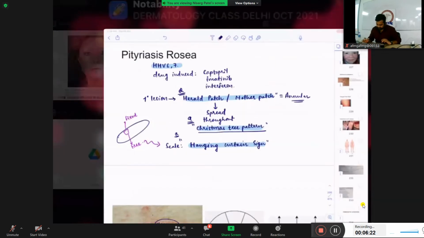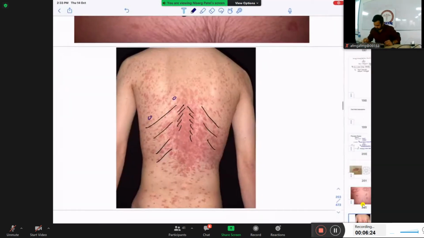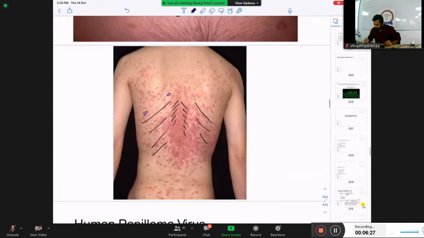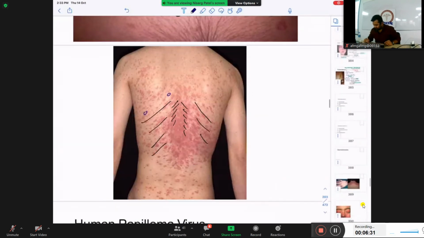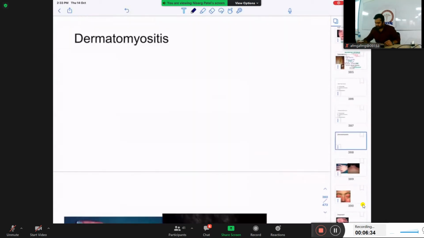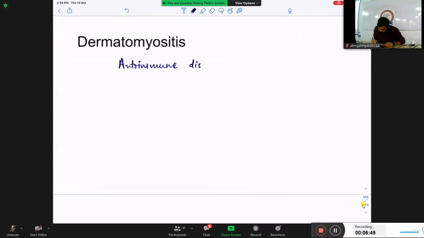Okay. We will discuss dermatomyositis. Important 3 signs of dermatomyositis. It is an autoimmune disorder.